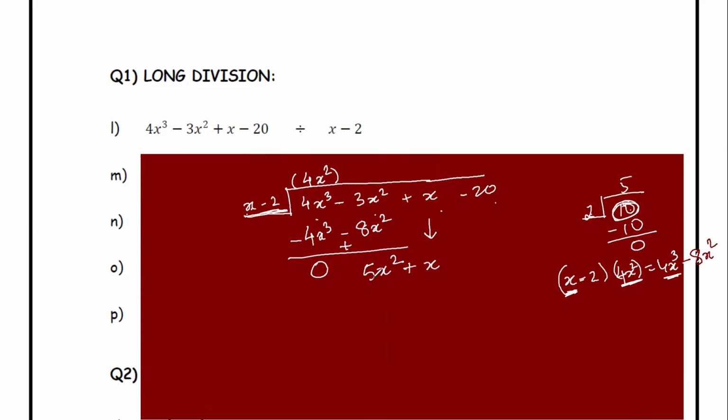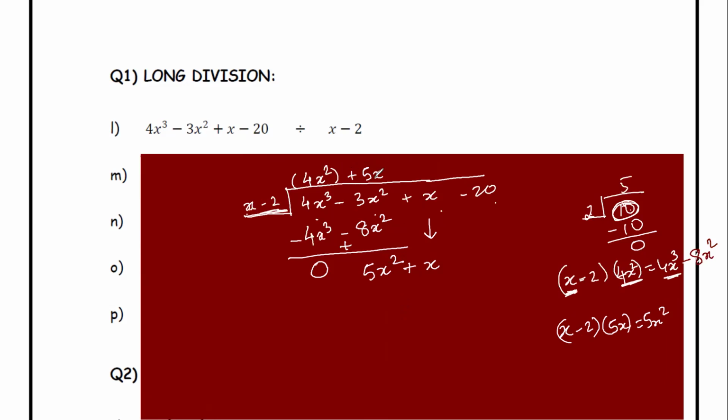Now we need to multiply x minus 2 into what gives you 5x square. So that'll be 5x. So write down plus 5x. Had it been a negative 5x square, then you would have put a negative 5x out here. But it's not negative. So you just write plus 5x.